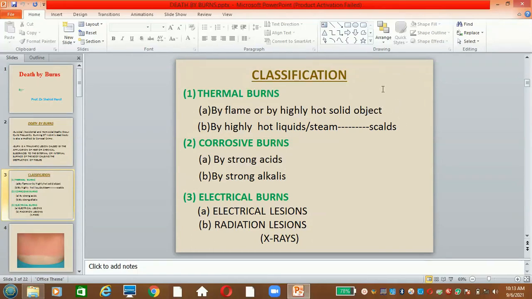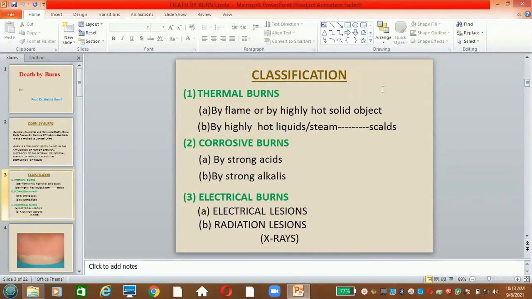Second type is corrosive burns. These are caused by strong acids like strong hydrochloric acid, sulfuric acid, and nitric acid, and also caused by strong alkalis like sodium hydroxide and potassium hydroxide.